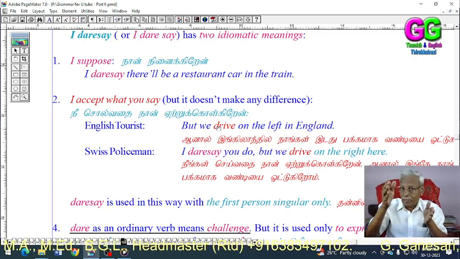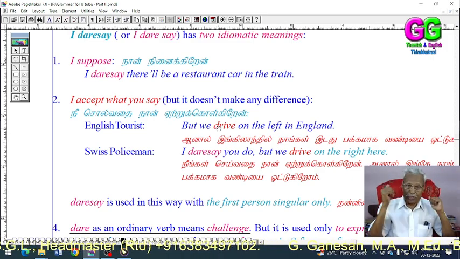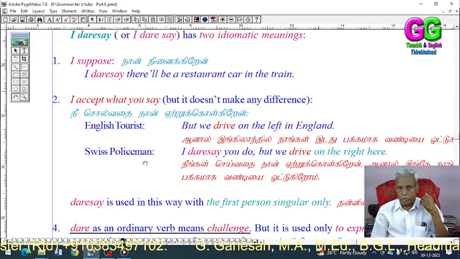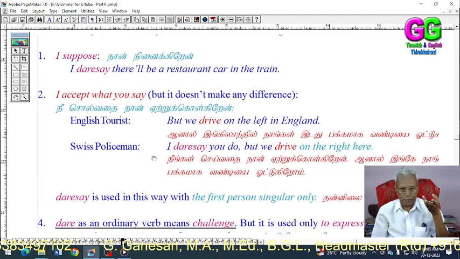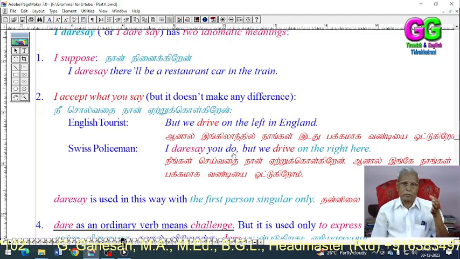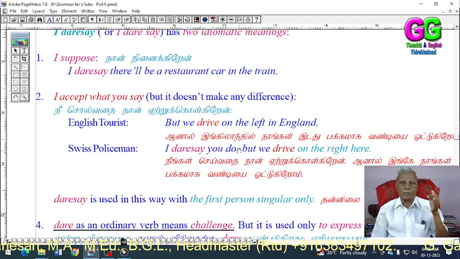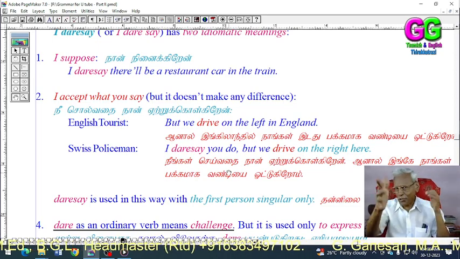That is, the driver's seat is on the right. The Swiss policeman says, I dare say you do. I accept what you say.